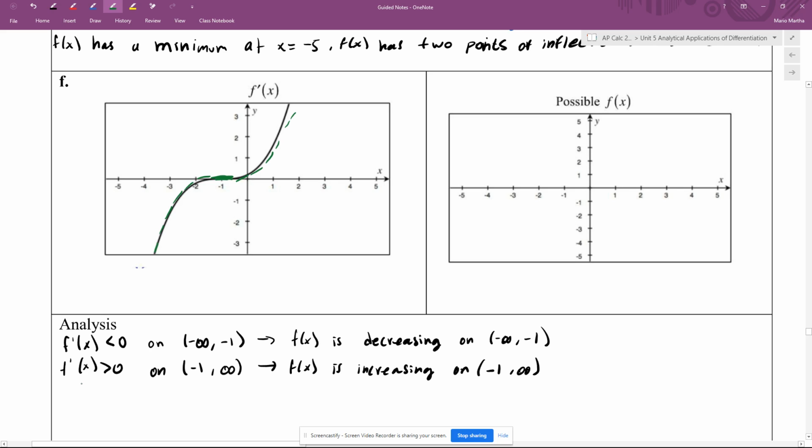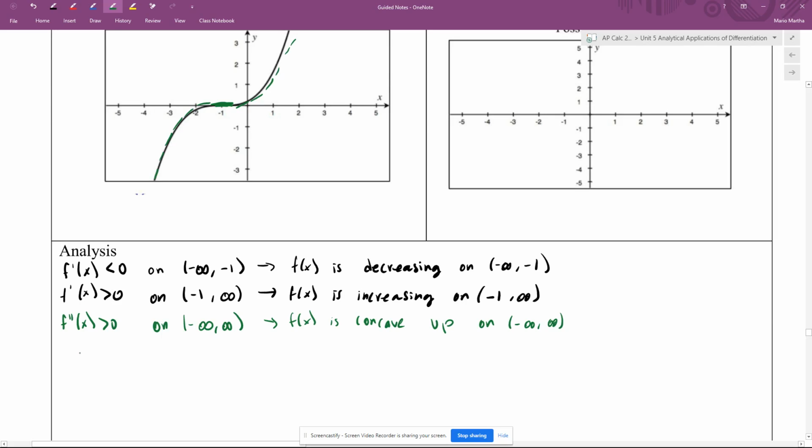So we're going to say that f double prime of x, because this is the second derivative test, is greater than 0 on the interval from, in this case, it's always increasing, so negative infinity to positive infinity. That means that f of x is always concave up on that same interval from negative infinity to positive infinity.